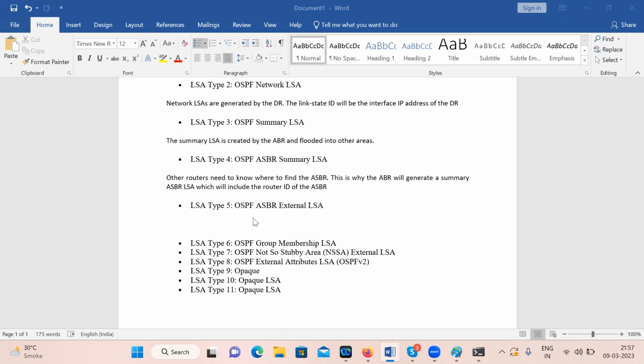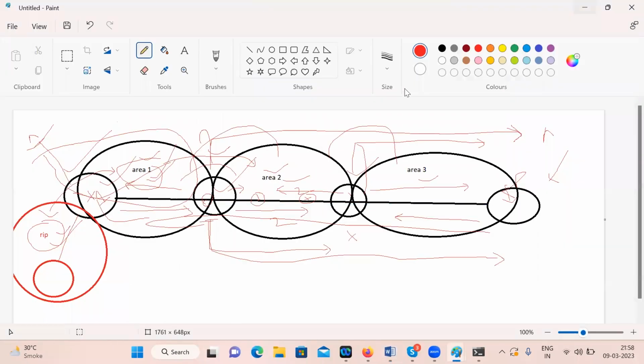Okay. Type 5 LSA is only generated by the ASBR router. The ASBR router is responsible to generate the type 5 LSA, where it will inform every other router about the non-OSPF routing information.